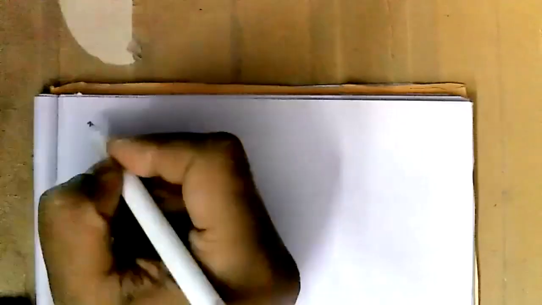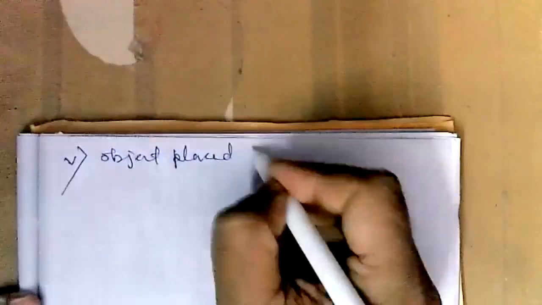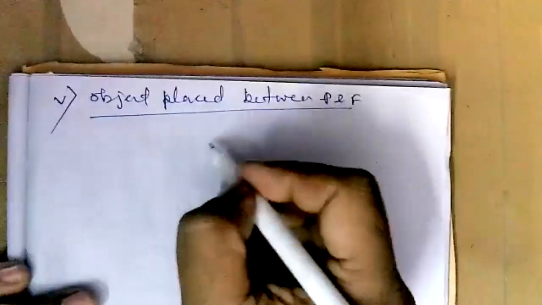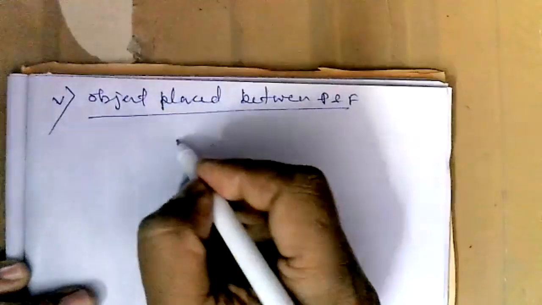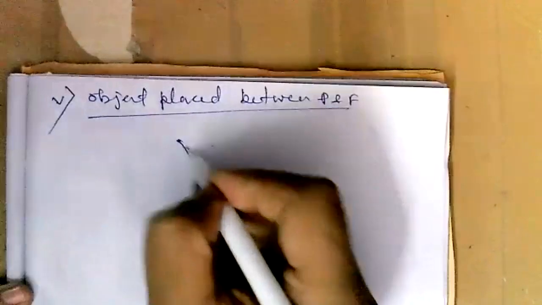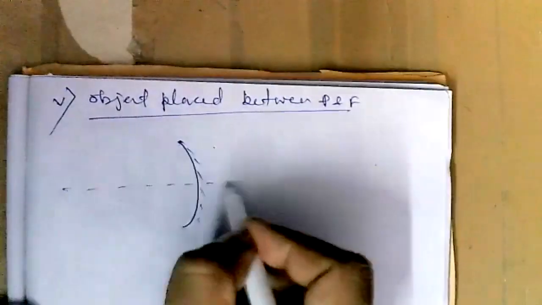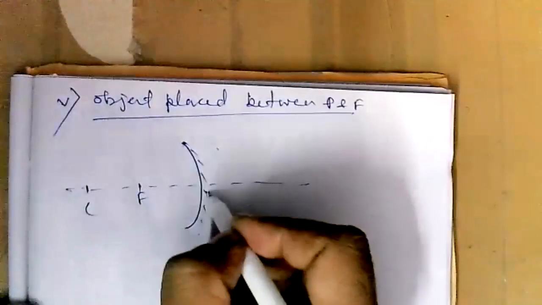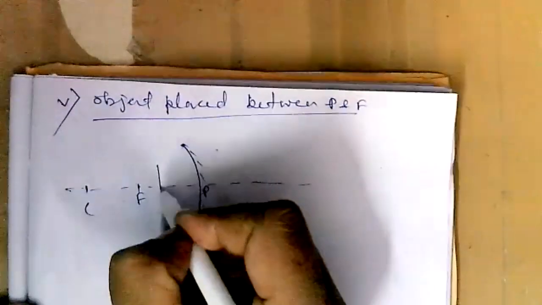And the last one with a concave mirror: the object between P and F. Here we have the object.